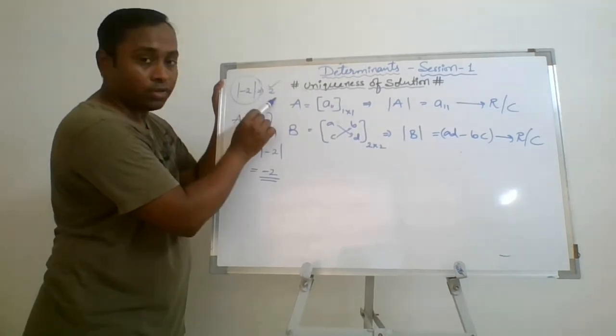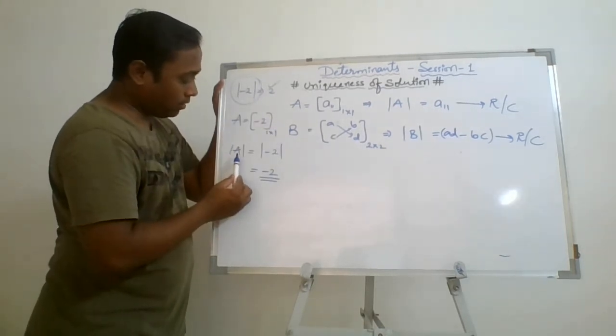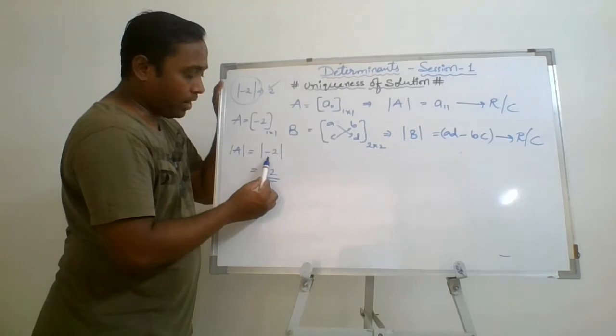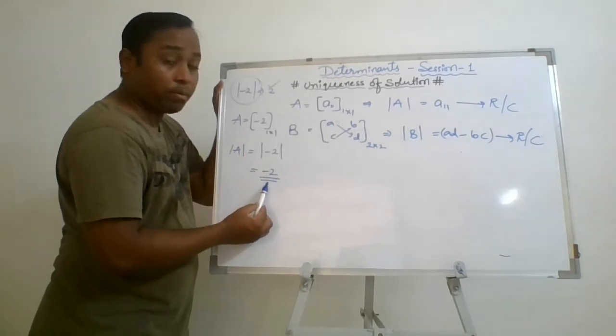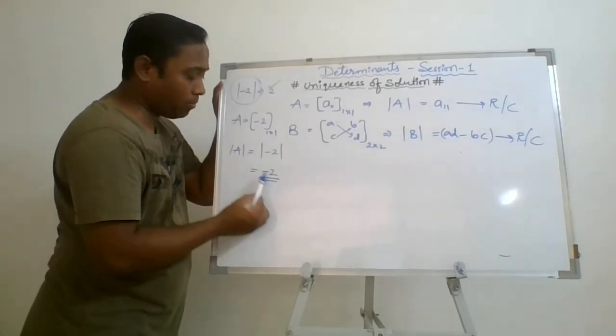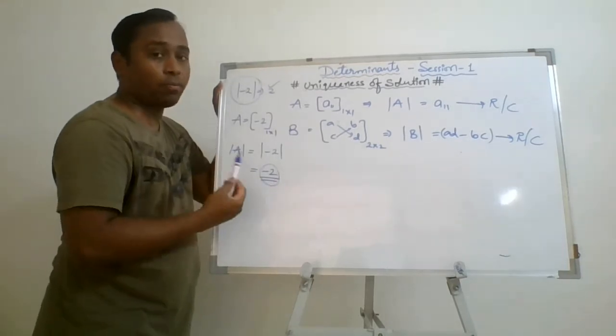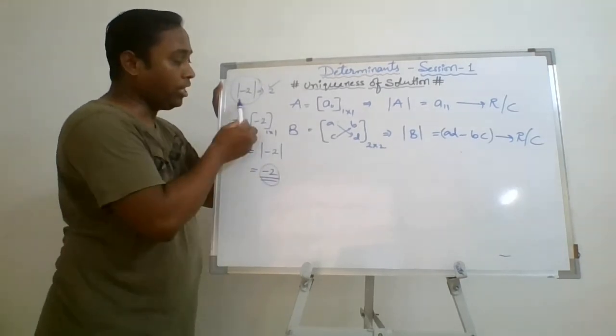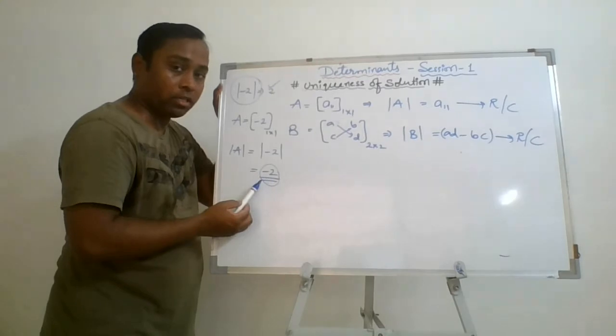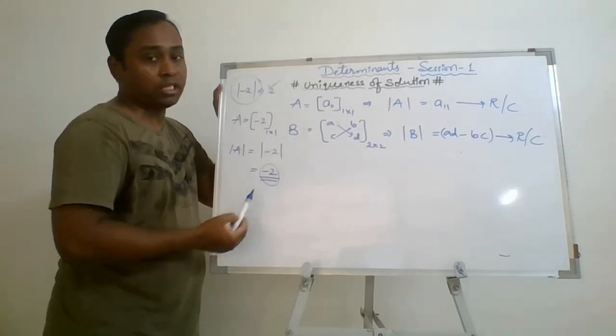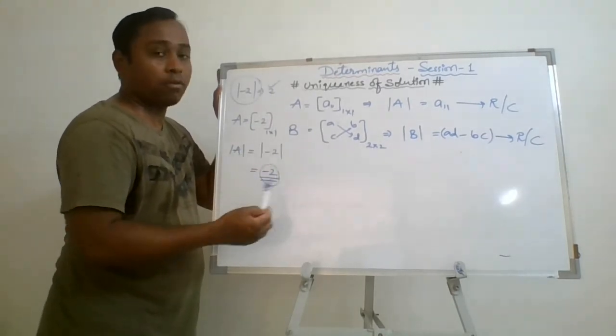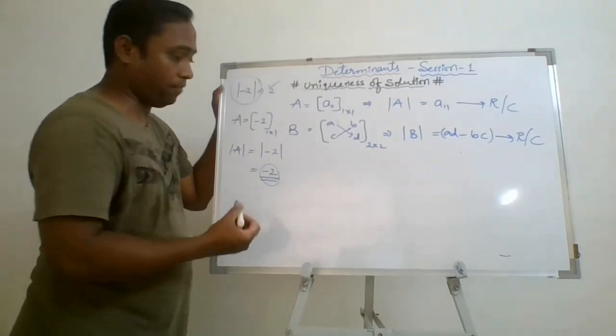It is a modulus value. But when I say a square matrix of element minus 2, the determinant would be minus 2 only, because determinant means a number, it is not the positive value. So you need to remember this important point while dealing with the determinant. The determinant answer may come positive or negative.